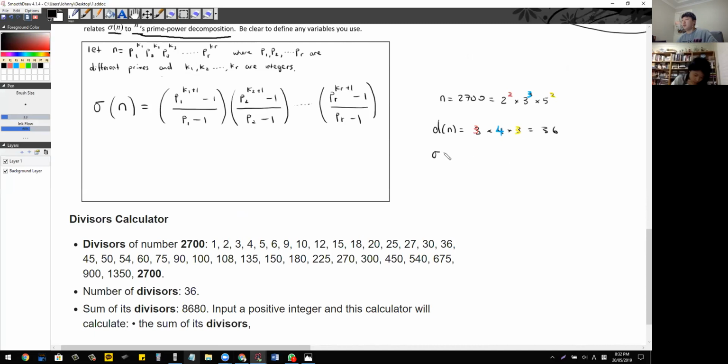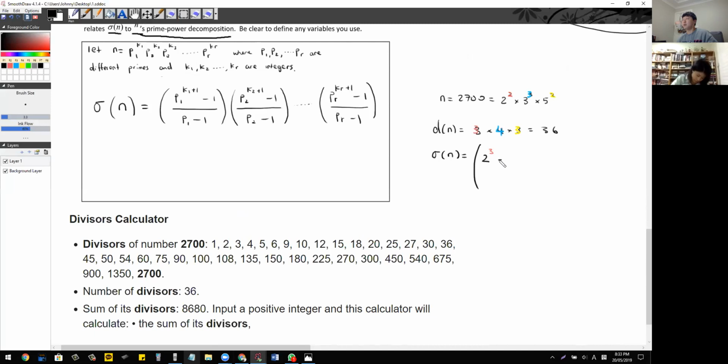Now, sigma n is, that's the answer there. We want to do 2. 2 is the prime. Yeah. 2 to the power of 3, because it's 2 plus 1, right? Yeah.